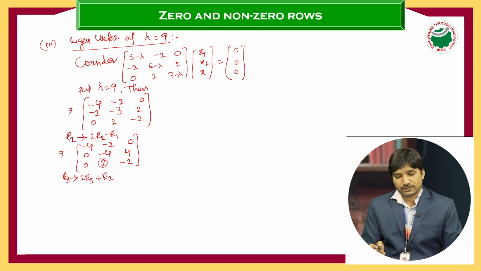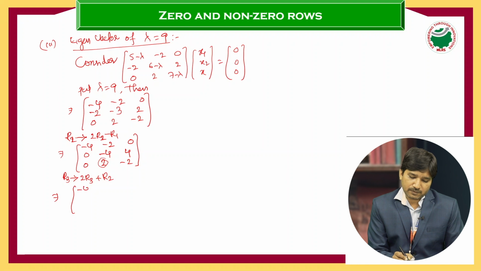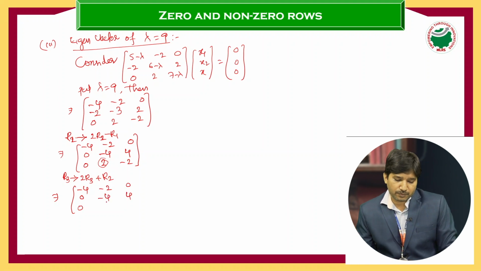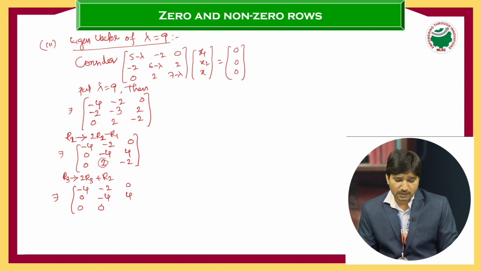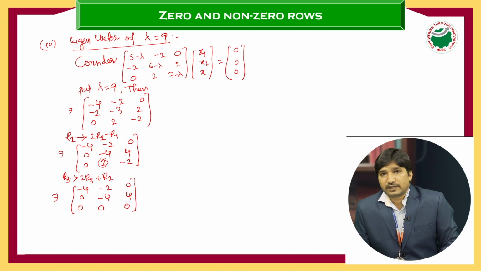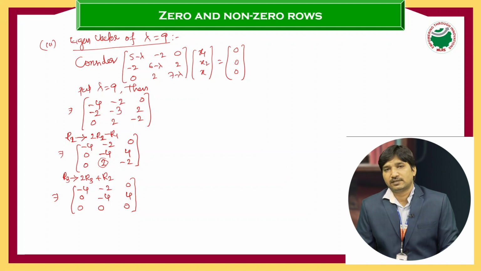So we get minus 4, minus 2, 0; 0, minus 4, 4; and in the last row, 2 times 2 is 4, 4 minus 4 is 0, and minus 4 plus 4 is also 0. The last row must be 0 because it is a singular matrix.